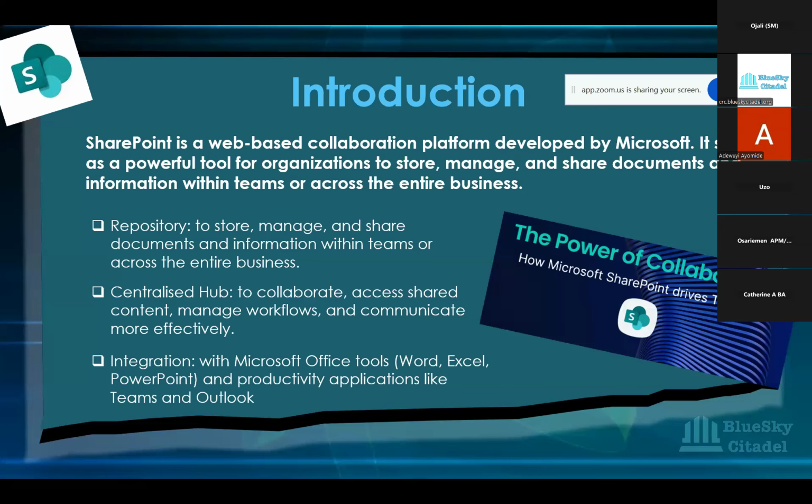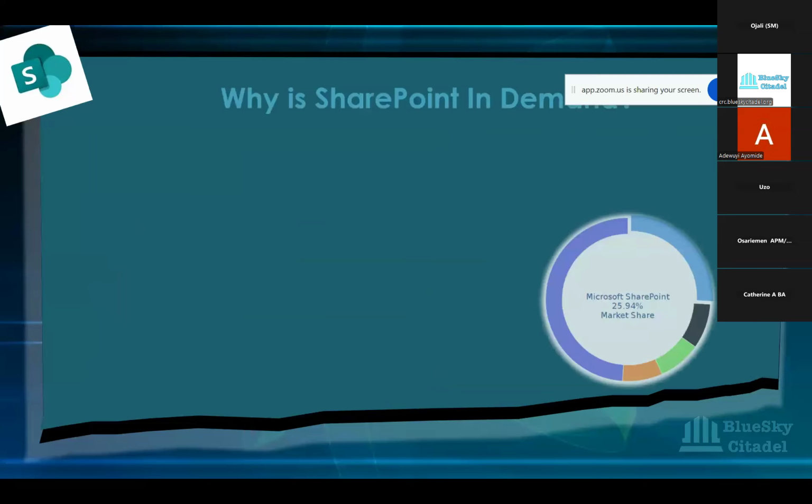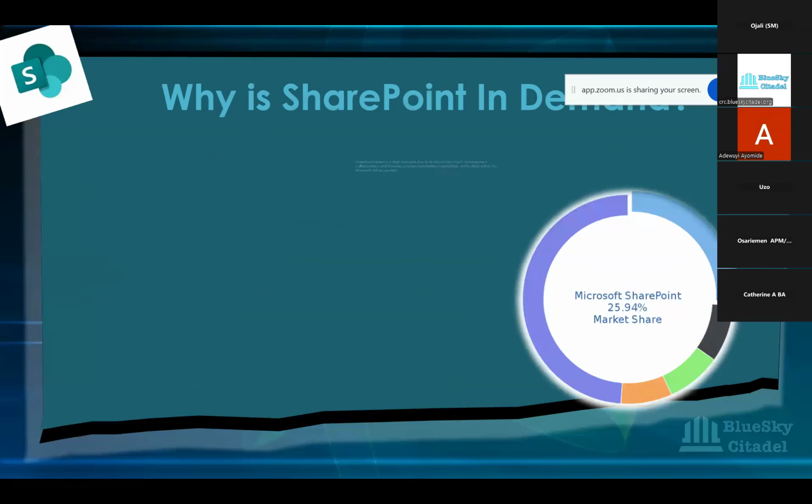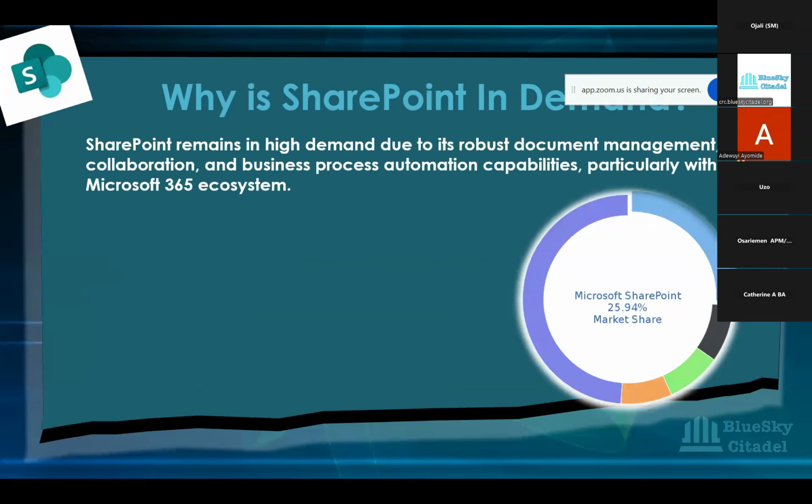Yeah. All right. So why is it in demand? Obviously, it's a Microsoft product. That's the number one reason. Think about the whole Microsoft 365 ecosystem, not just the traditional ones like Word, Office, all of that. But now you're thinking about Dynamics that is coming up.